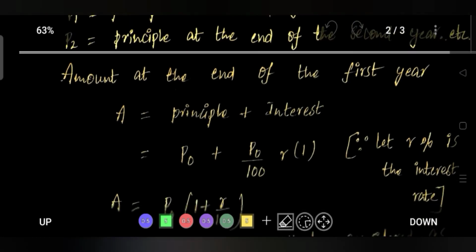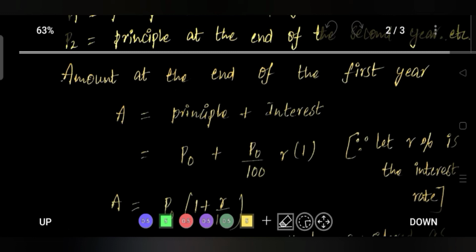I lent a principal, but the amount will be principal plus interest, which we pay as rent for the money. Principal plus interest is called the amount A. In the beginning of the first year, the principal we borrowed is P naught.